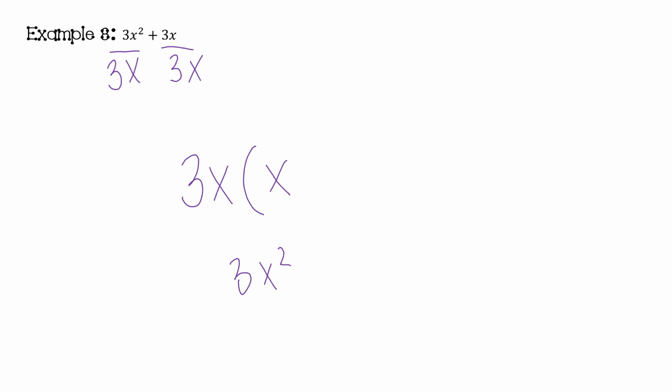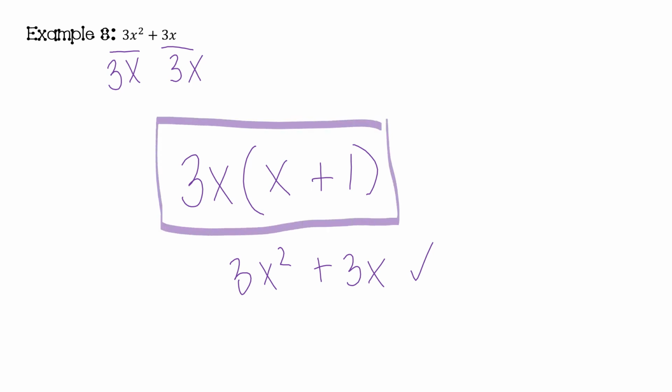So 3x divided by 3x is 1. And then if I were to FOIL, or not FOIL, but just multiply, I would get 3x squared, and then 3x times 1 is a positive 3x. So then I know that I did it right. So my final answer would be 3x times x plus 1. And this would be my factored form.